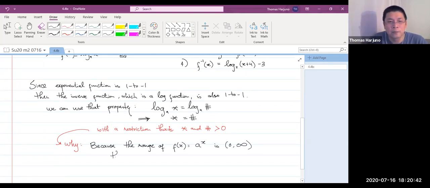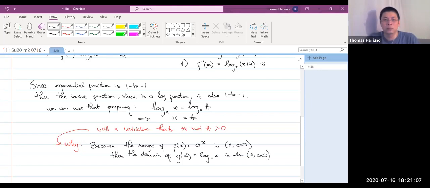Then it becomes also the domain of the inverse function. Let me call it g(x) now. Log base a of x has domain 0 to infinity. So the domain of log, the argument for the log, has to be strictly positive.